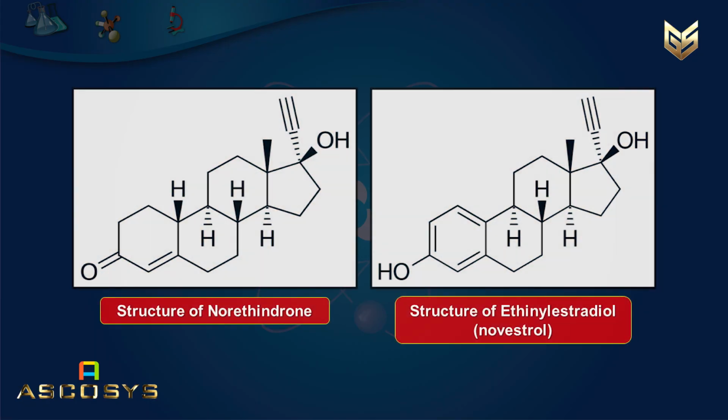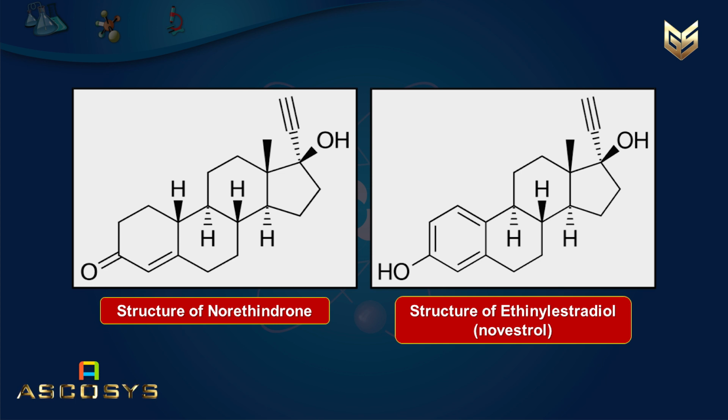Anti-fertility drugs are composed of synthetic progesterone or estrogen. This helps in inhibiting pregnancy. Progesterone inhibits ovulation and thus it inhibits pregnancy.